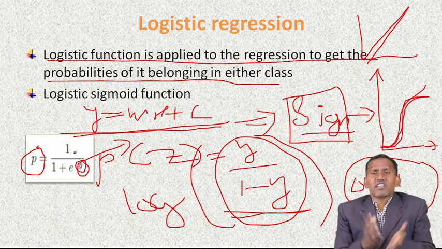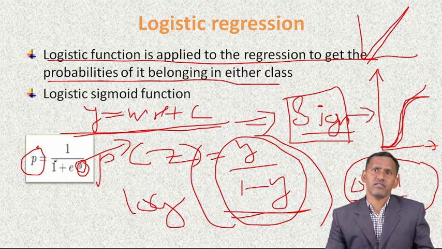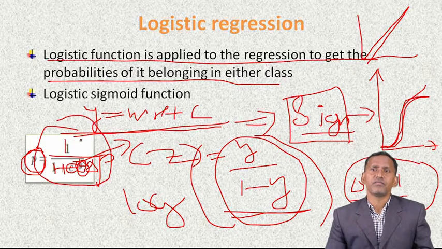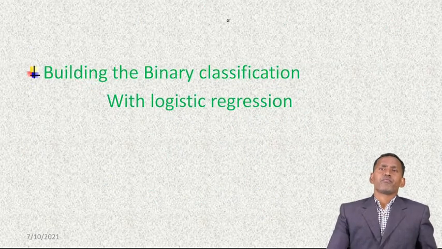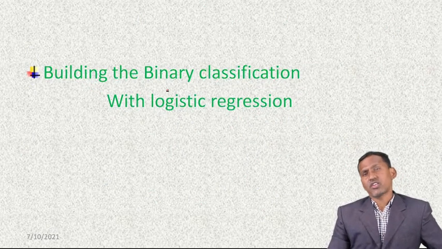So in order to get discrete output, we have to apply the sigmoid activation function like this: p is equal to 1 by 1 plus e power minus y. So this is a brief introduction about logistic regression.